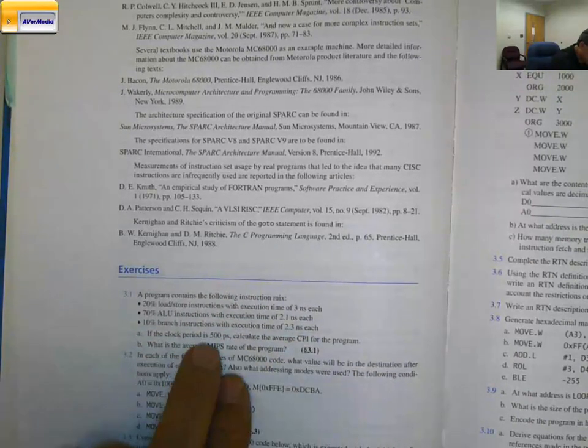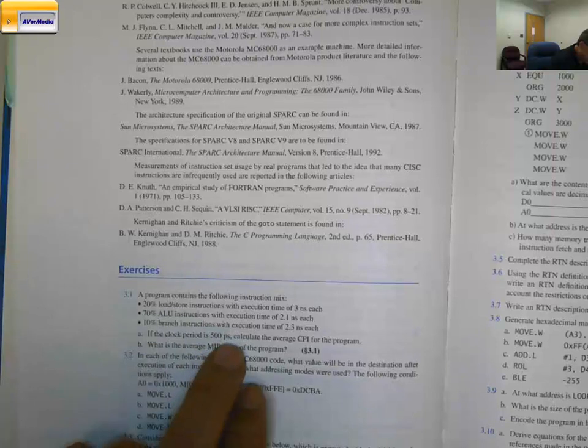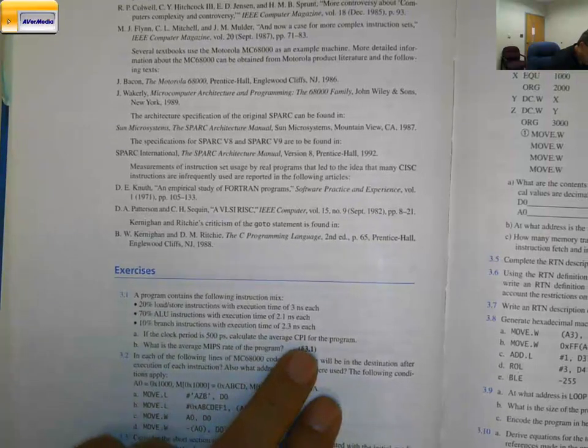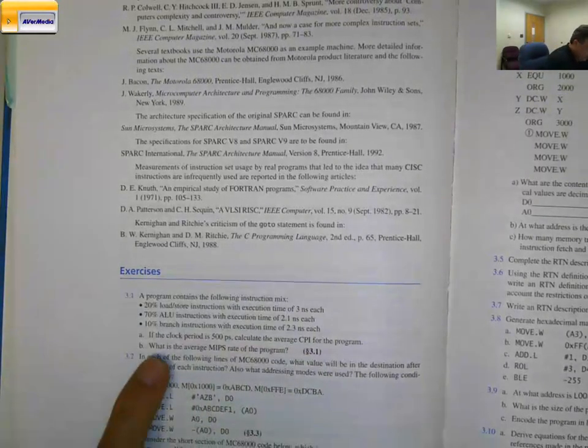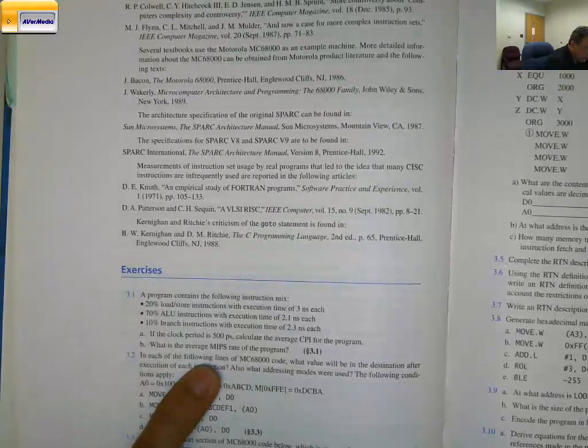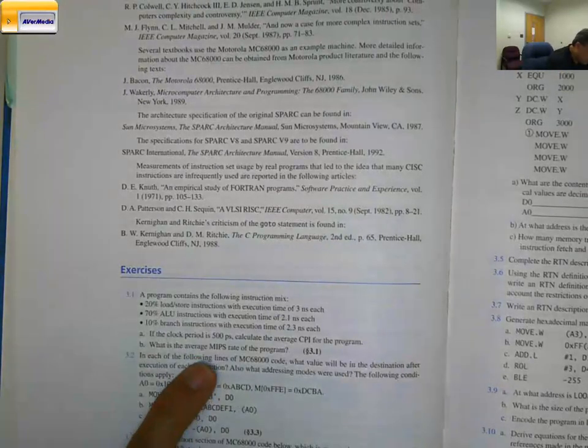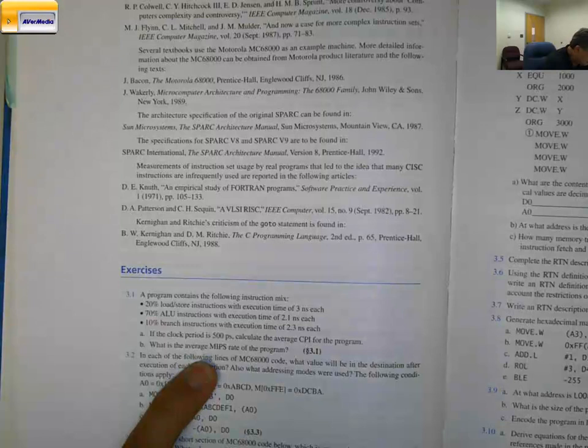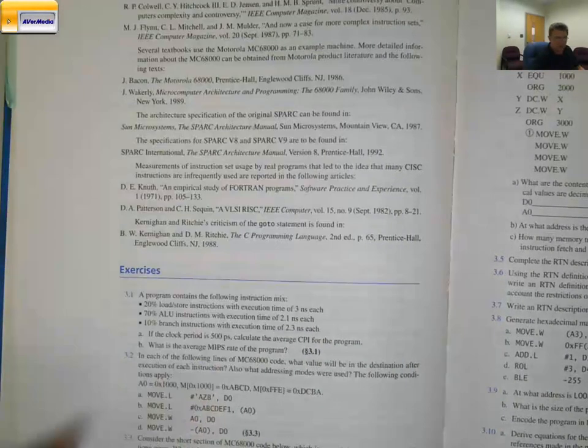If the clock period is 500 picoseconds, calculate the average CPI for the program. And part B asks, what is the average MIPS rate of the program? Remember we said these are some of the parameters used in measurement. So I'm trying to show you what it means.